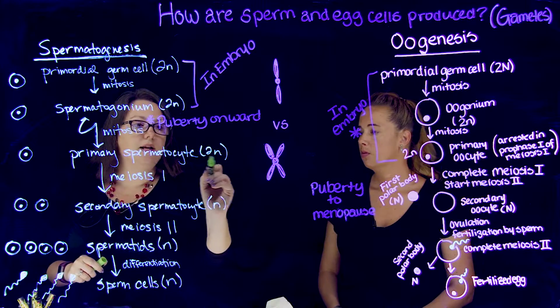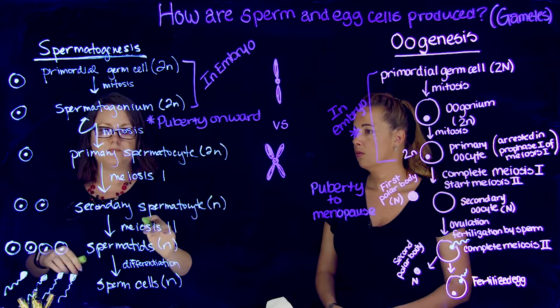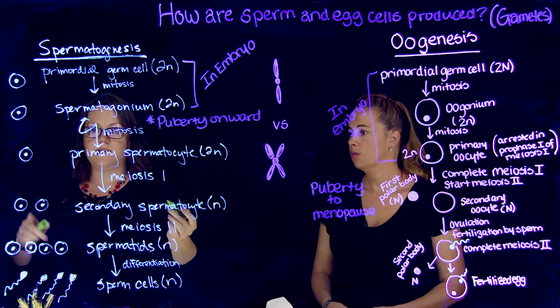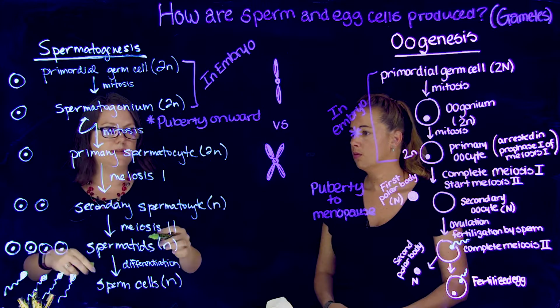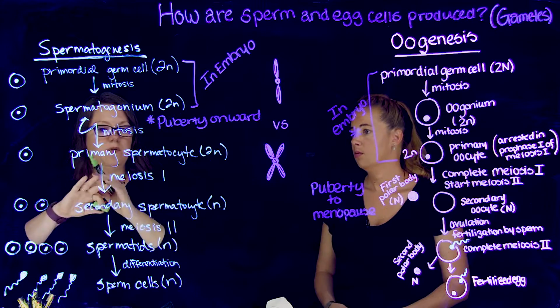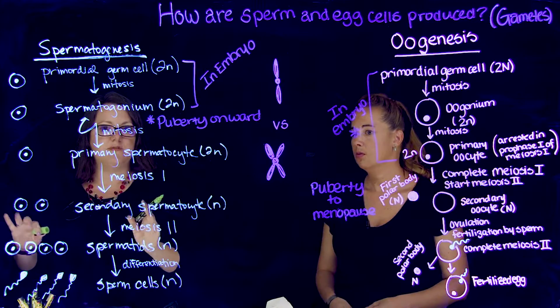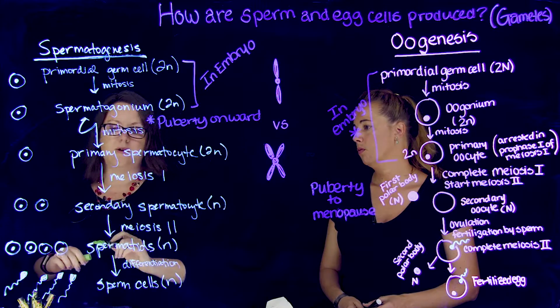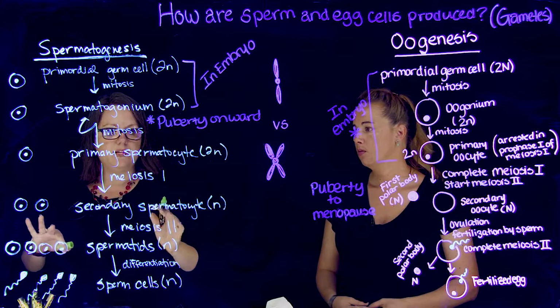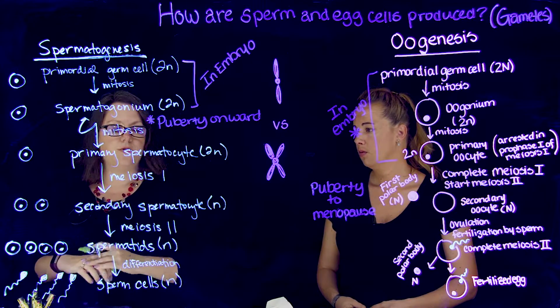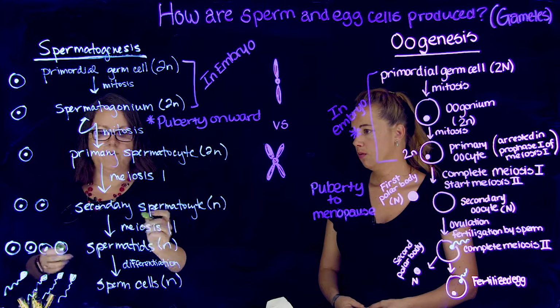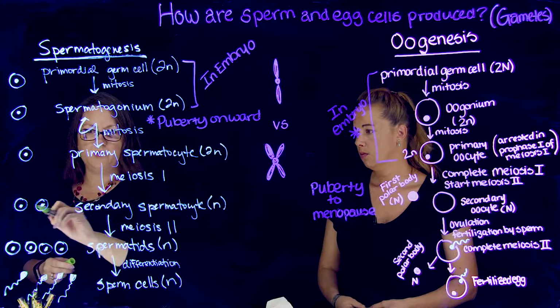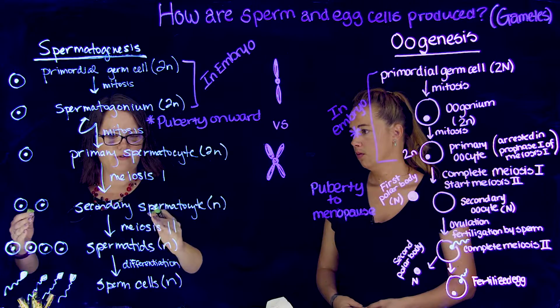Now we're still in a diploid state, still 2N. That primary spermatocyte will go through the process of DNA replication, but now when it sorts out those duplicate copies of the genome, instead of sorting by mitosis, we'll sort by meiosis. The primary spermatocyte will progress through the first phase, meiosis 1, and then we get 2 cells at the end of that first round of division.